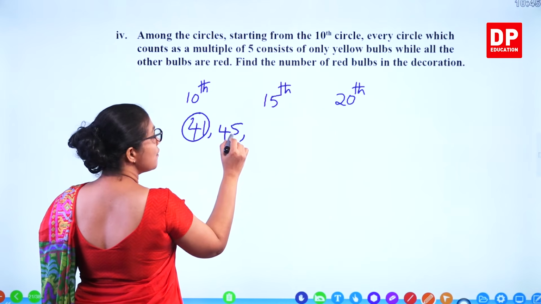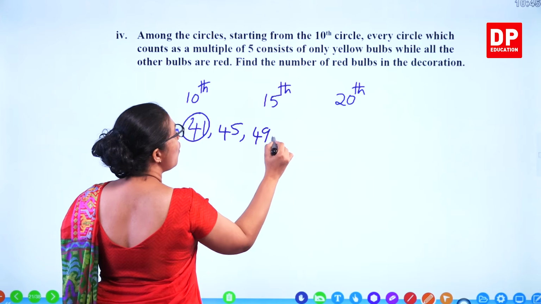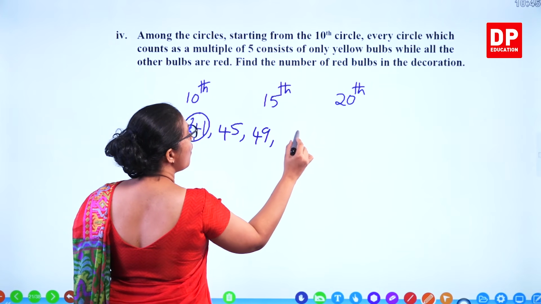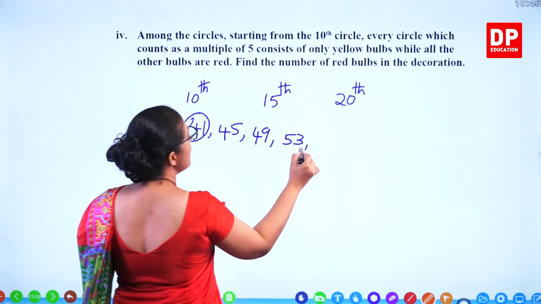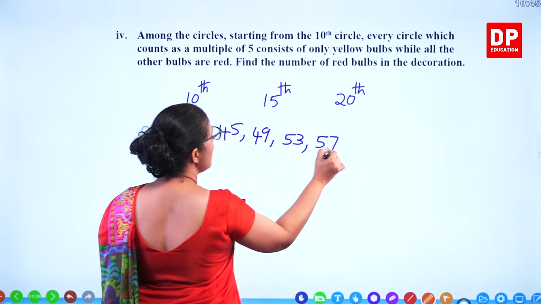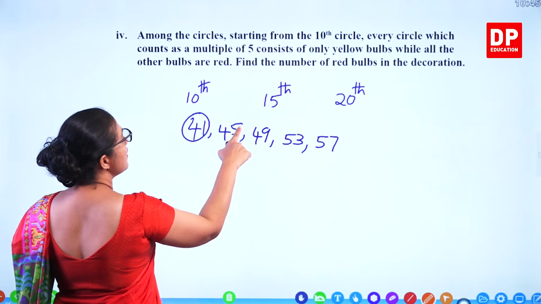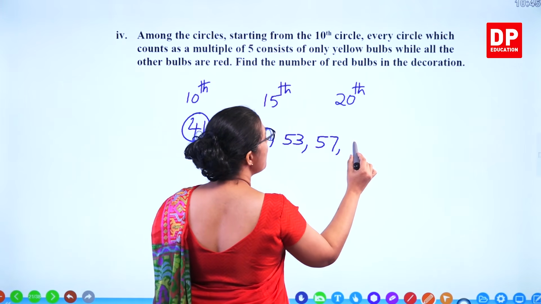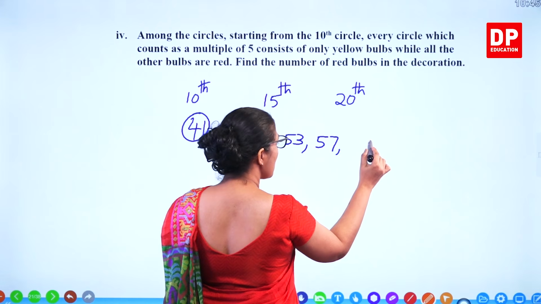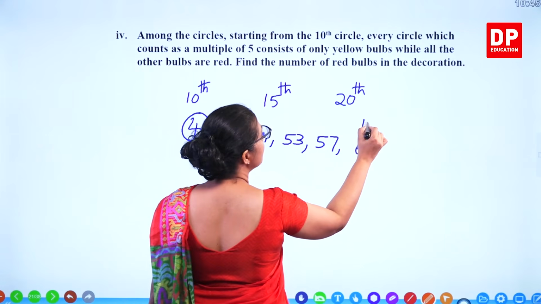Then adding 4 you get 49. Adding 4, 53, and adding 4, 57. So 10th, 11th, 12th, 13th, 14th, and one more. Adding 4, that's 61. So this is the 15th one.